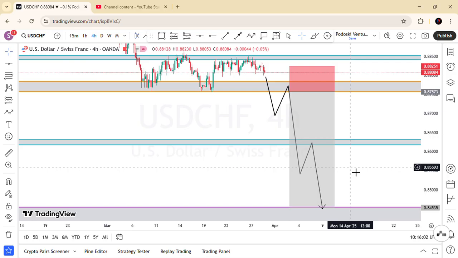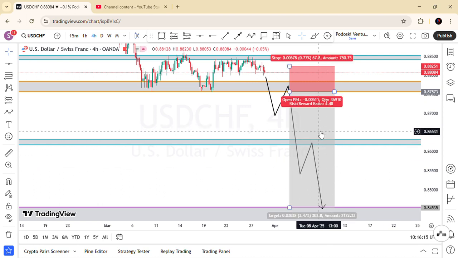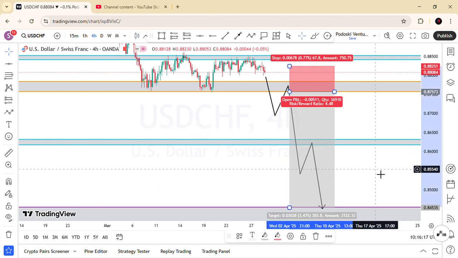We hold trades for a very long time, and we don't catch little pips like 10 pips, 20, 100 pips. Nah, we don't do that here. We catch a good amount of pips. Like this trade alone, that's about 300 pips, and you're only risking 67 or so. Let's say you are risking 70 pips for 300 pips.